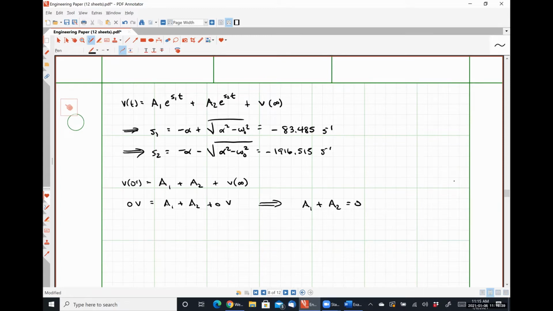Because we're dealing with the capacitor voltage for equation 1, that means we need to deal with the capacitor current for equation 2.